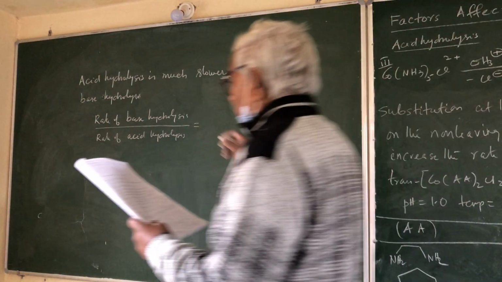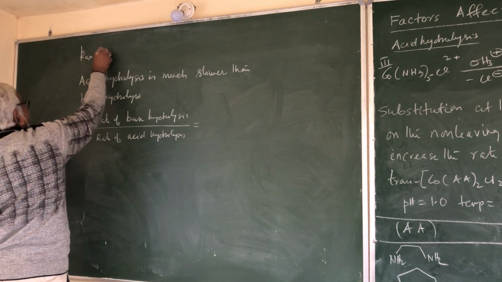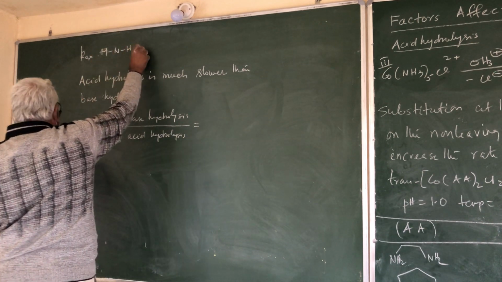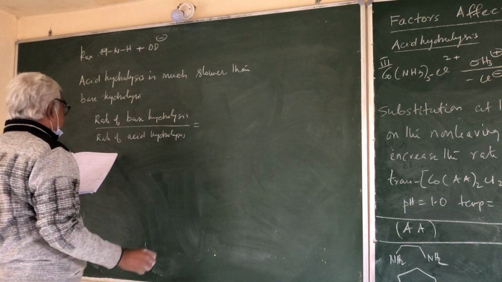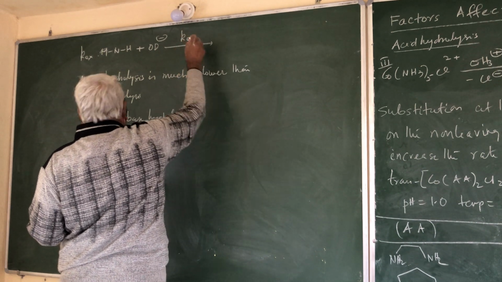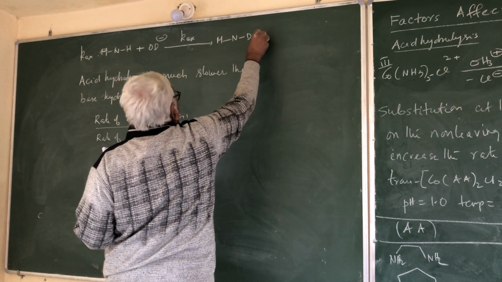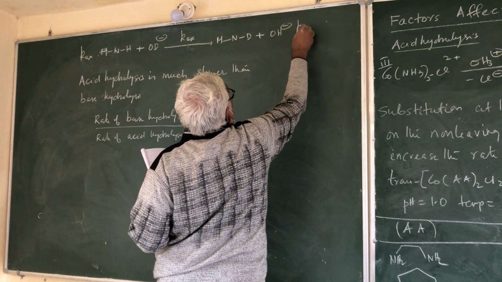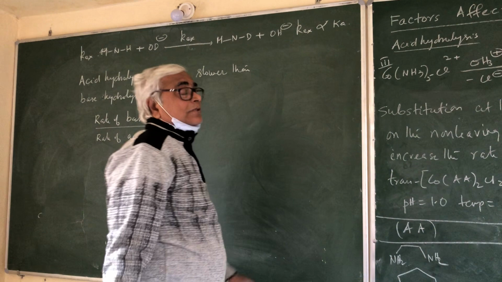So K exchange, this is M and H plus D minus. D means deuterium. This rate constant K exchange is directly proportional to K, the dissociation constant of the NH.